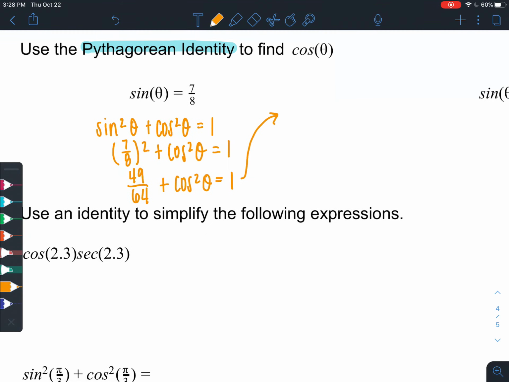Next line, I'm going to do 1 minus 49 over 64. So I have cosine squared theta is equal to, what is 64 minus 49? 15, sound about right? Yep, 15 over 64.